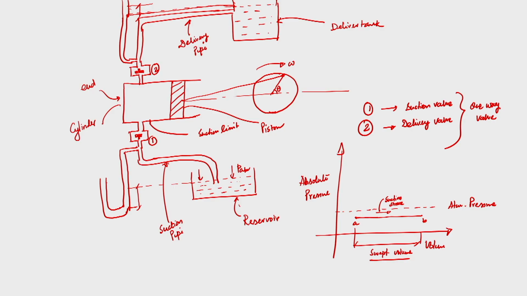When the piston is at point B, at the end of the suction stroke, the pressure increases abruptly, let us say up to this point, which I am calling C, before the delivery stroke starts. At the end of the suction stroke the entire cylinder is filled with liquid, and the pressure increases suddenly while the volume remains constant, because at that time both valves are closed. The suction valve is closed and the delivery valve is already closed, so the pressure increases abruptly to point C.